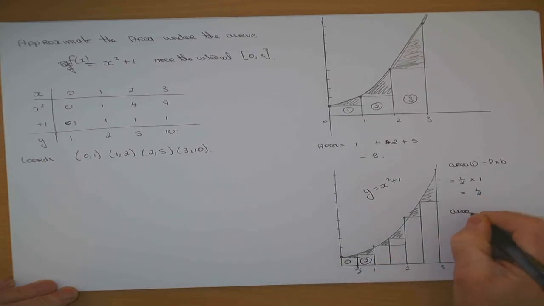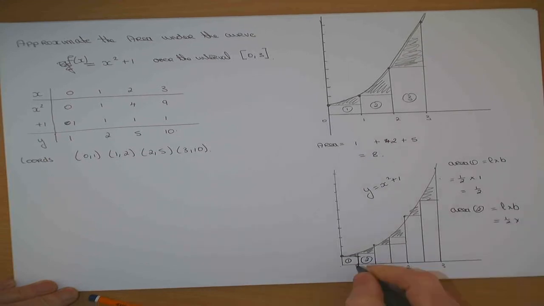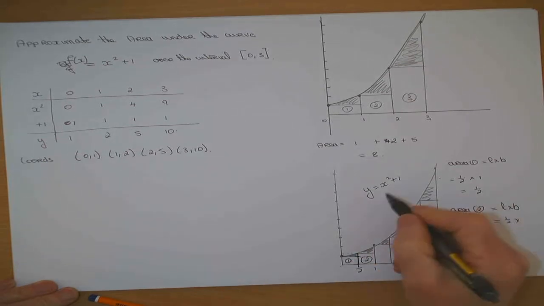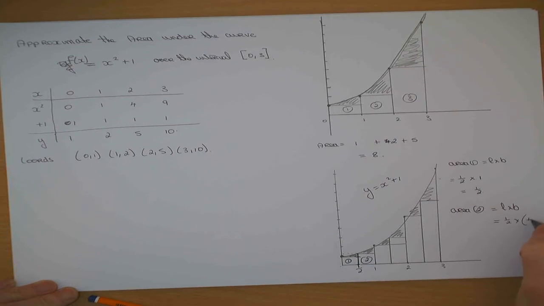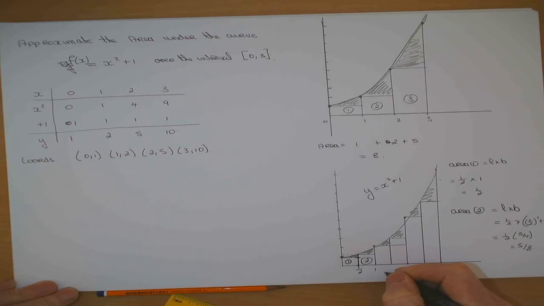How would I get the area of the second rectangle? It's length by breadth. What's the length of it? A half again, times how high is that line there? Well, when x is a half, what's y? A half squared plus 1, which is a quarter plus 1, 5 over 4, so that's 5 over 8 square units. Do you understand that? How would I get the distance from there to there?